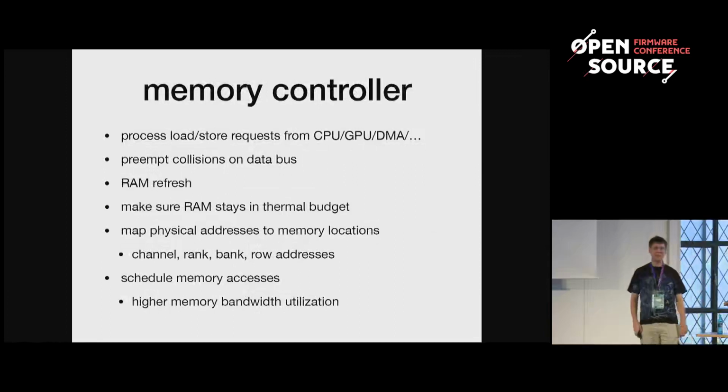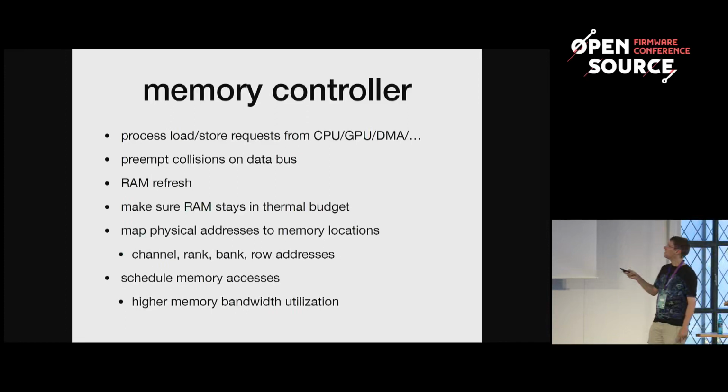Yeah. Then the next element is the memory controller. Its main job is just to take the load and store requests from the different processing units on the chip or in the system. For example, also PCI Express devices that do DMA via bus mastering.